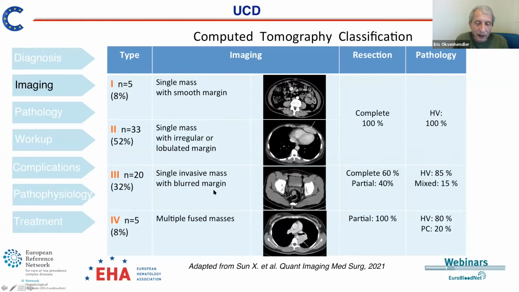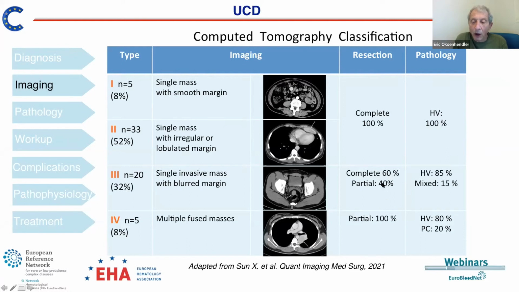But in other cases, you can have a single invasive mass with blurred margins or even multiple fused masses. And you easily understand that in such cases, complete resection is not always possible.